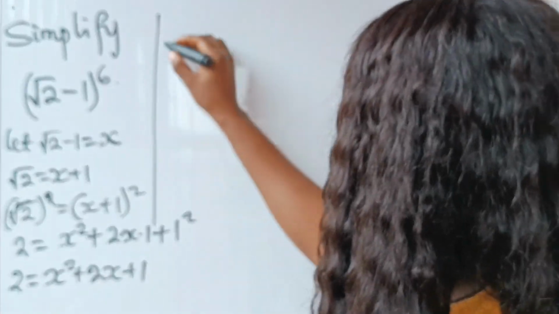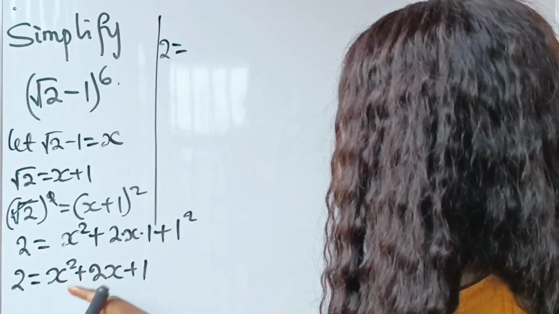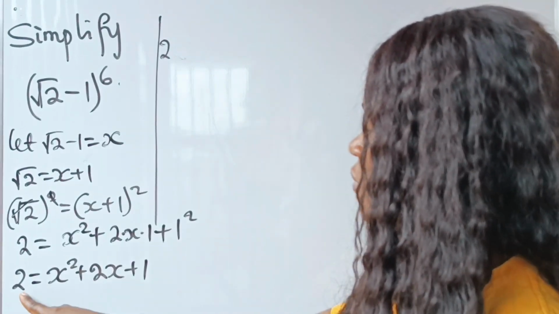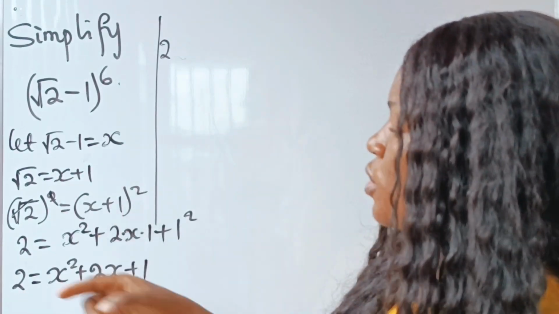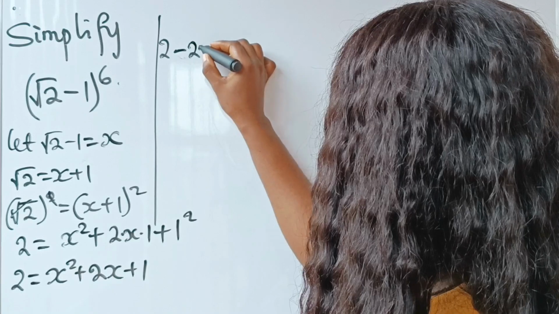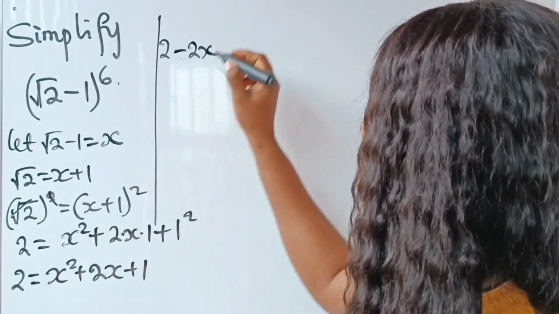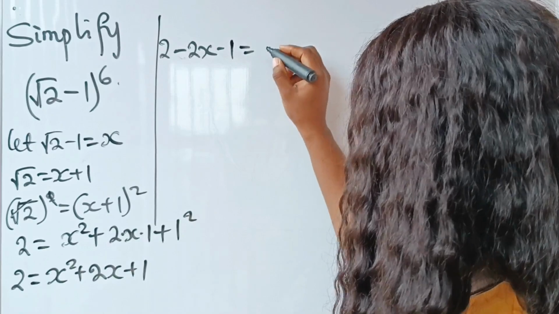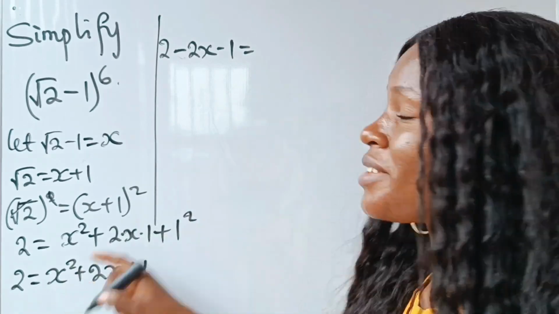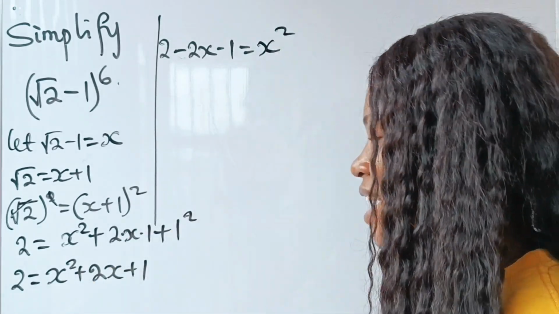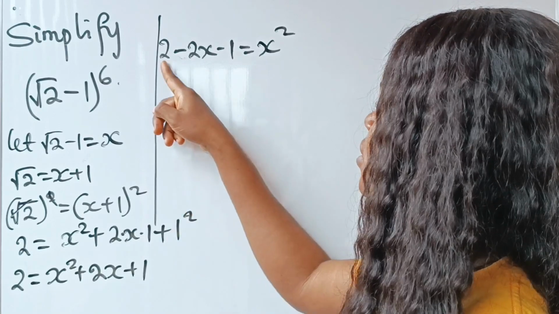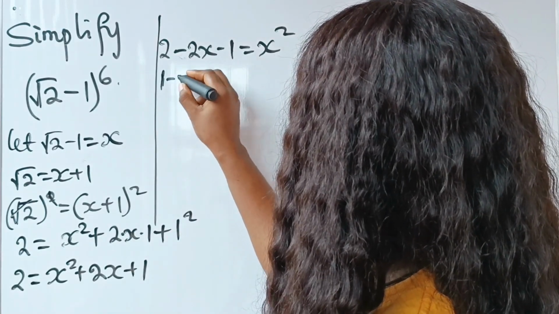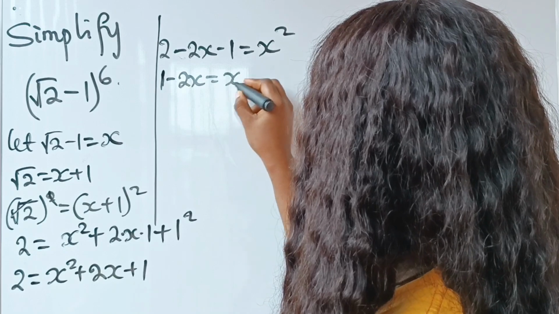So we have 2 here, plus 2x we cross to become minus 2x, and plus 1 we cross to become minus 1, is equal to x squared. Now 2 minus 1 will give you 1. So we have 1 minus 2x is equal to x squared.